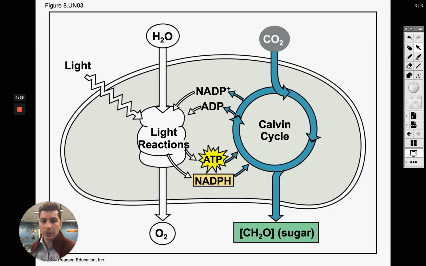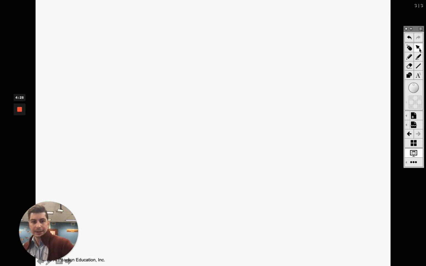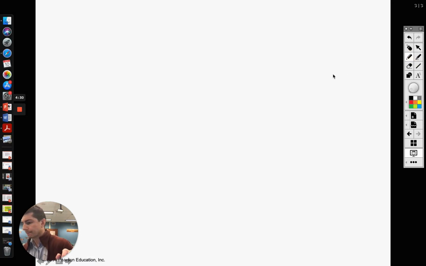All right. So let's get into it. We're going to bring in some carbon dioxide here. Oh, I do not like using gray. Let's use black. There we go. So we're going to bring in some carbon dioxide.